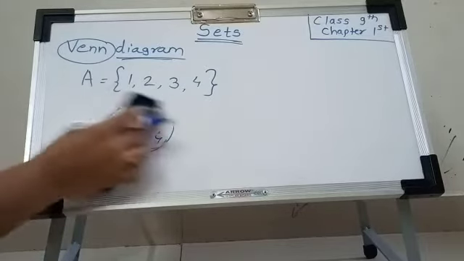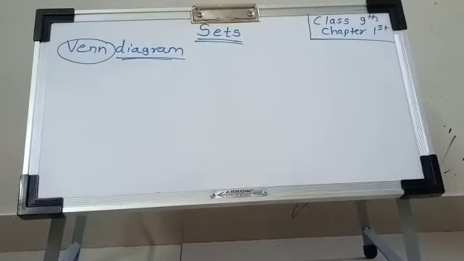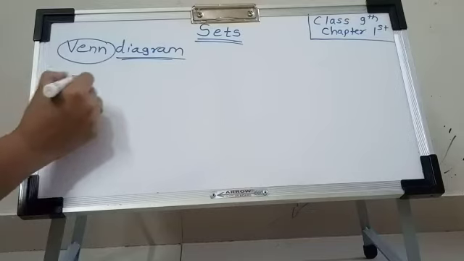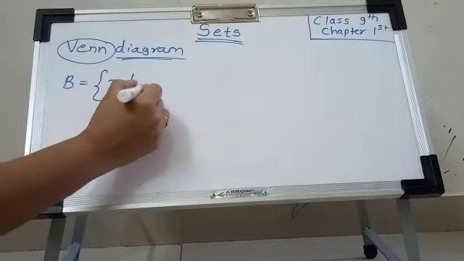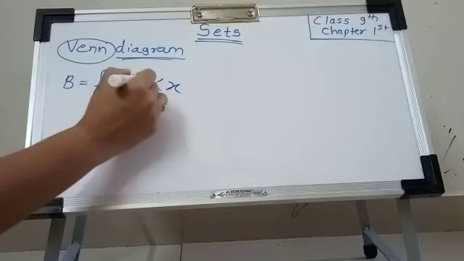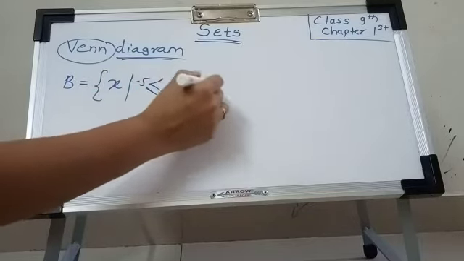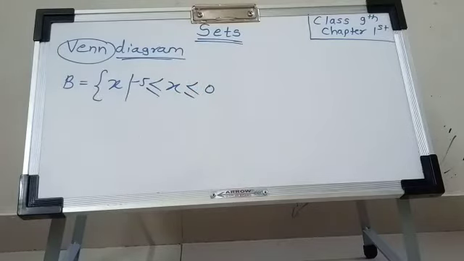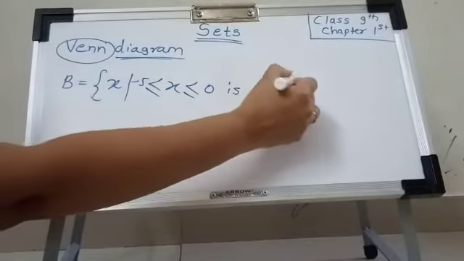Suppose we have an example, set B is equal to {x : -5 ≤ x ≤ 0, x is an integer}.